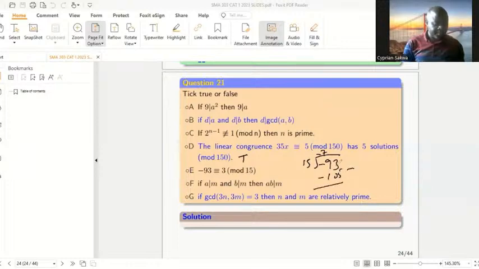When I subtract, negative 93 plus 105, because it's minus, plus, that gives me 12. The remainder here is supposed to be 12, not 3. In fact, if it had been negative 3, it would have been correct. But if it has to be positive, then it must be 12. So this statement is false.